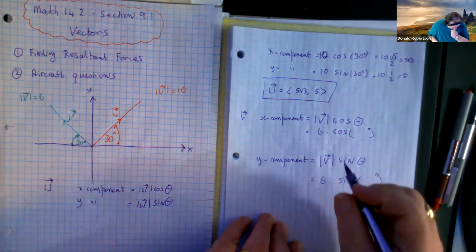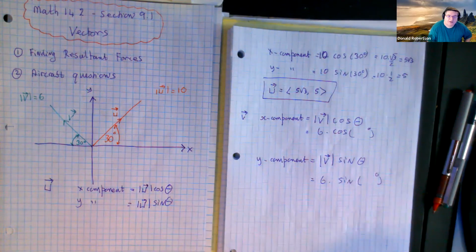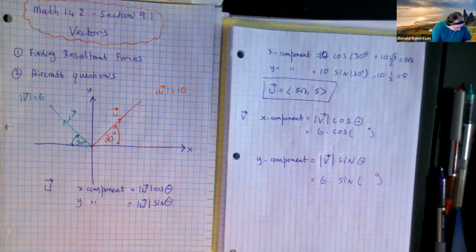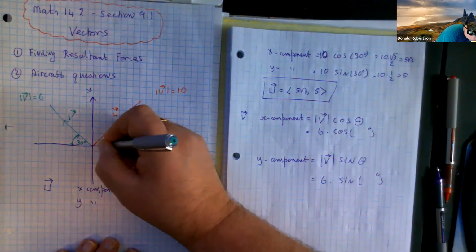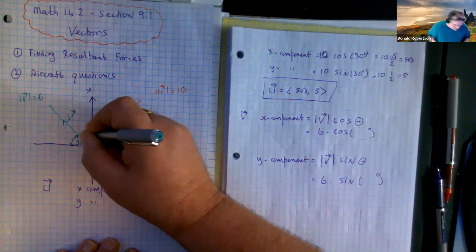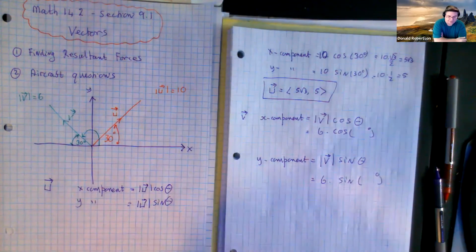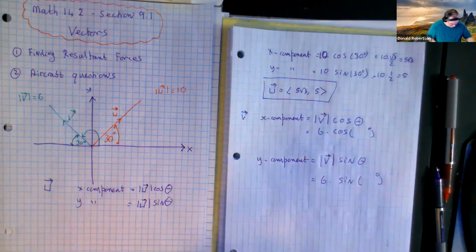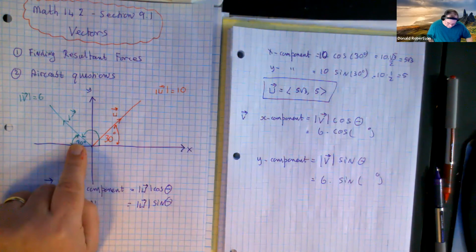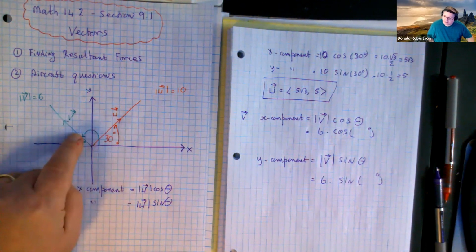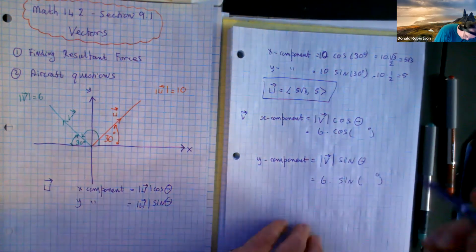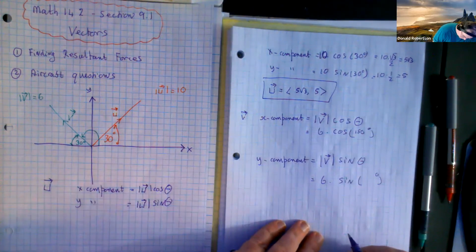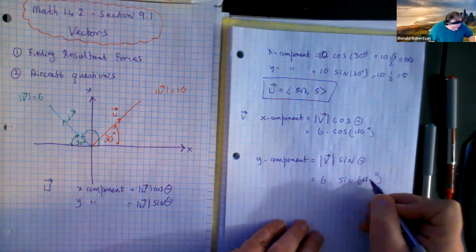And what you have to realize in these questions is that the angle they give you doesn't necessarily mean it's the one that is there, because we always measure angles from the x-axis, but from the positive x, from here. Would you agree that's 150 degrees? Agreed? 150. So this is going to be 6 times the cosine of 150 and 6 times the sine of 150.